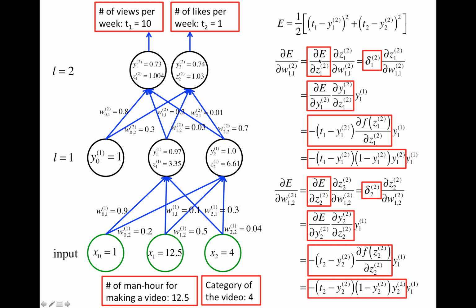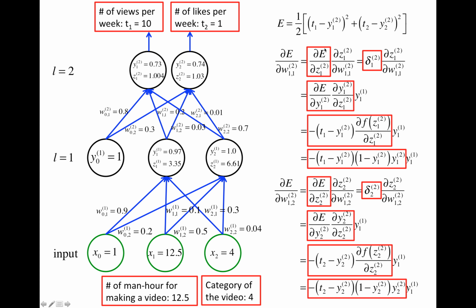And the logit Z21 is just the weighted summation of the outputs from the neurons in the first layer, and the output that's multiplying with W211 is actually Y11. So the derivative of Z21 with respect to W211 is just Y11, so this derivative can be easily obtained.